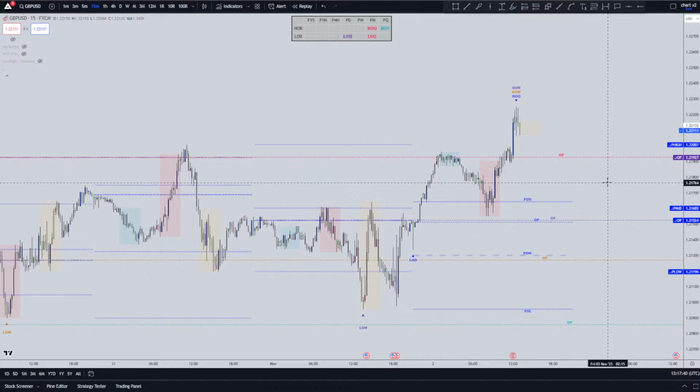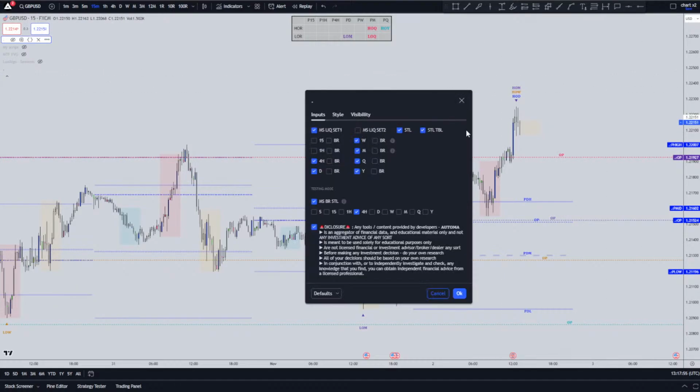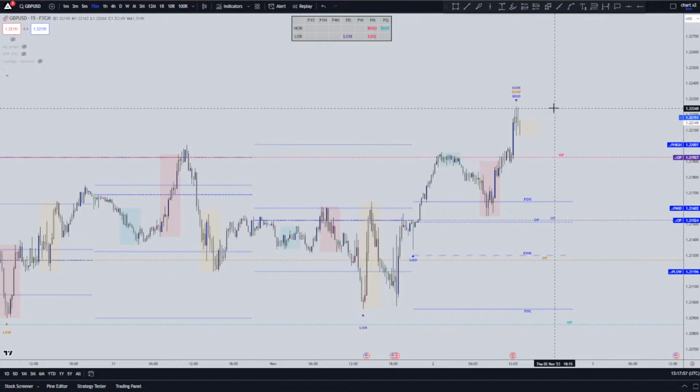Is there some PDF or something to find and go through? Yeah, we have in the educational section a PDF for multi-frame range key levels and for market structures liquidities.